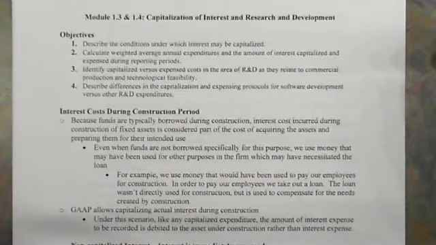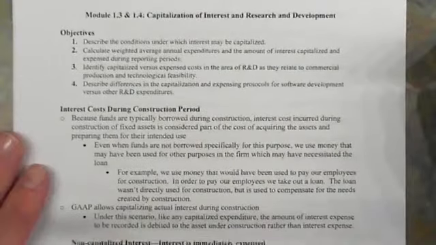You're going to see that except for very limited costs, we'll expense most of the funds in research and development through the income statement. Some of them will be capitalized, but for the most part, they're going to be expensed up to certain thresholds. And then we'll look briefly at software development costs and how we can capitalize software development and how that differs slightly from research and development.